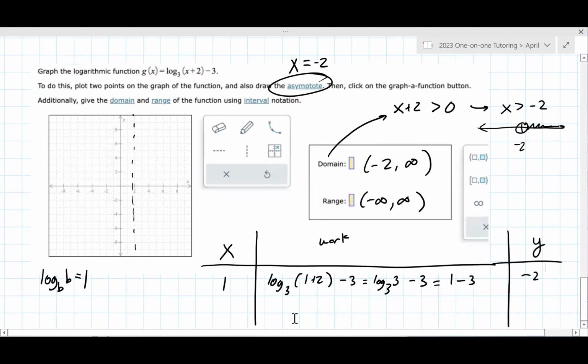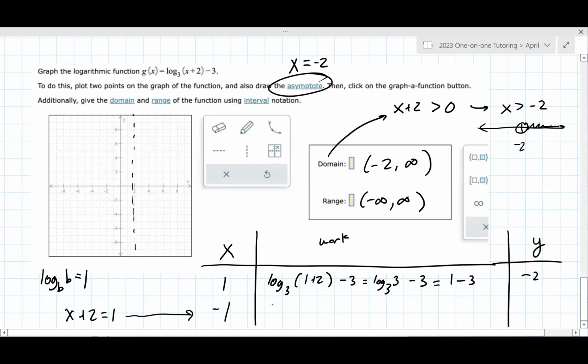The next number you choose for x makes the part inside parentheses equal to 1. You don't care about the base anymore. You just want the part inside parentheses to equal 1. So you're setting x plus 2 equal to 1, solving for x, just -1.